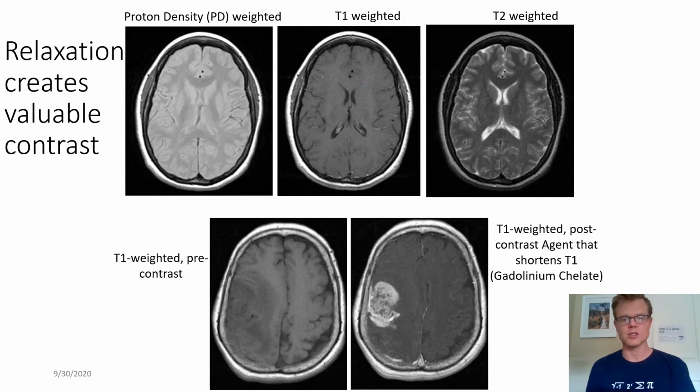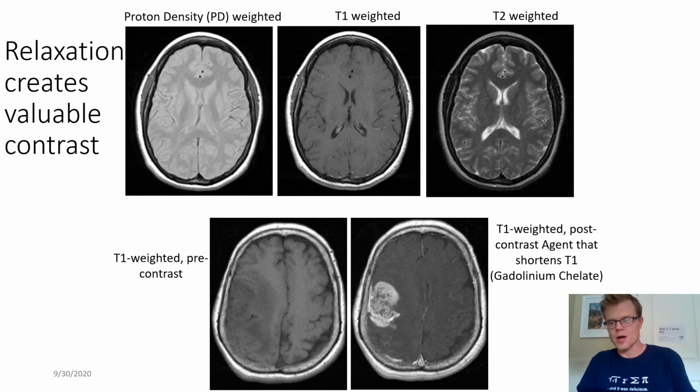But we can also create images that are weighted by, for example, T1 or T2. You can see very clearly in the top row of images that you're getting quite different contrast. You're going to pick up very different types of pathologies or tissue properties by doing proton density versus T1 versus T2 weighted imaging. All three, particularly T1 and T2, are very important for clinical imaging.